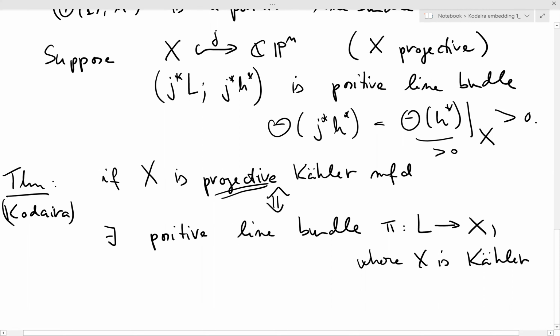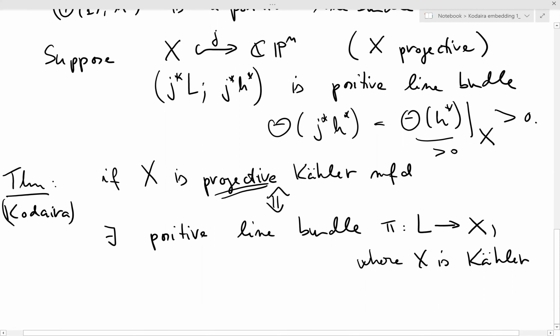Okay, good. So one direction, as I said, follows from what I just showed you. I'll give a quick strategy of the proof, and then hopefully I can elaborate more in a subsequent video.